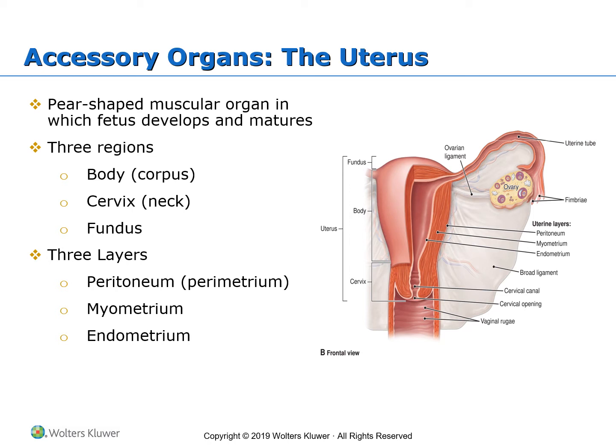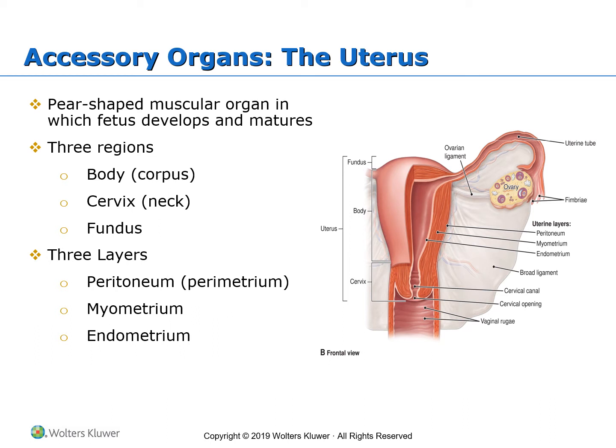The upper part, which is wider, is called the body or the corpus, while the lower part, which is narrow, is called the cervix and is connected through a neck to the body. Part of the cervix will protrude inside the vagina. The top of the uterus is small and rounded and is called the fundus.